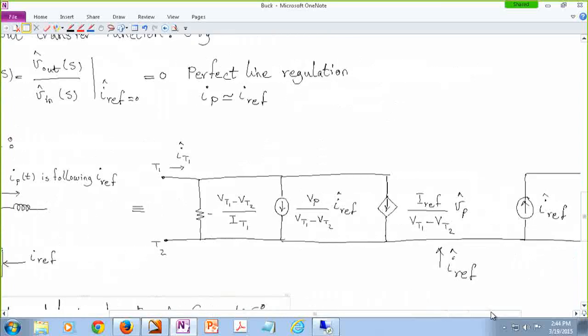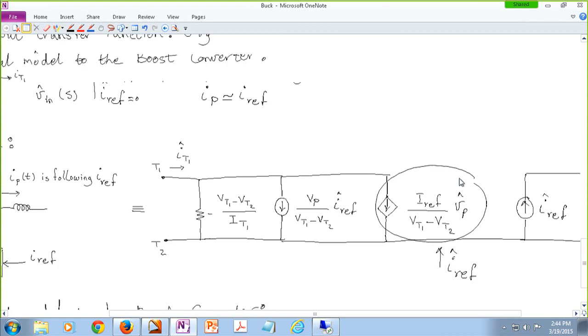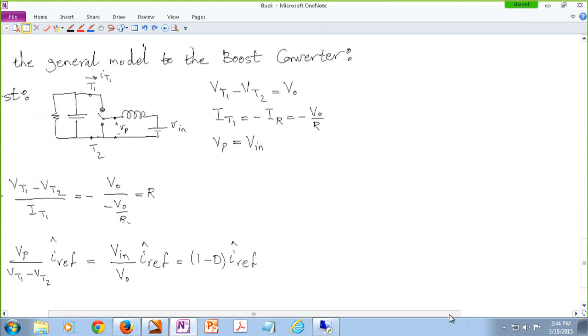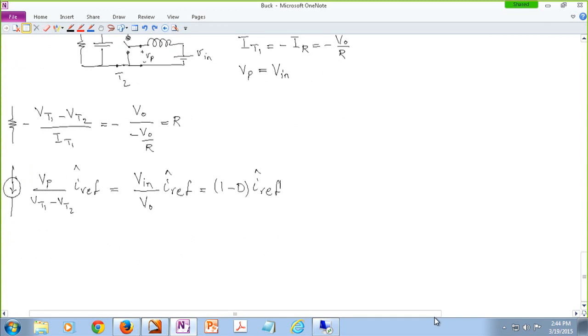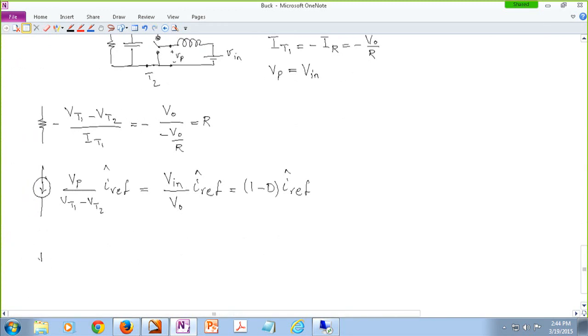Okay, and then we have this second source of current. So let's take a look at this one. Well, IREF is IREF, we can't really do anything about it.